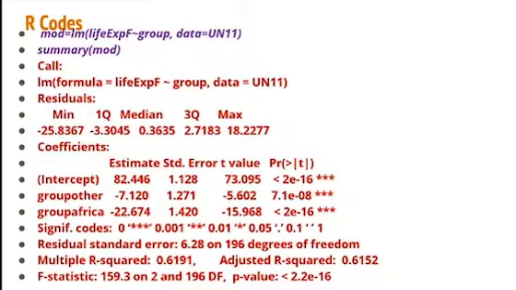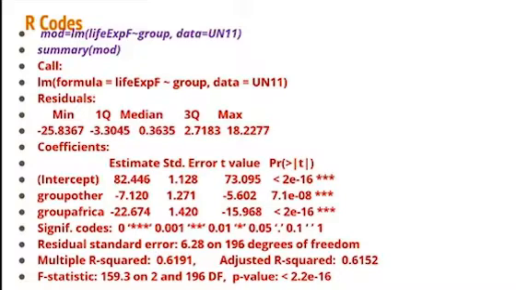Of course, if you want to recode, we have a way. If you don't want to reference OECD, you can also reference any of the levels depending on you. But based on what I'm showing you now, R has automatically referenced the group OECD, okay?